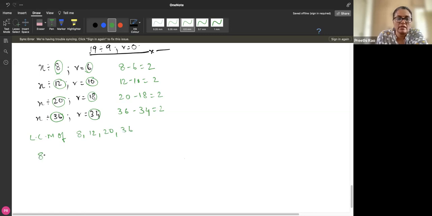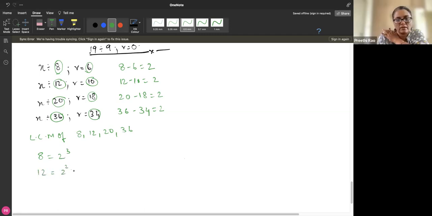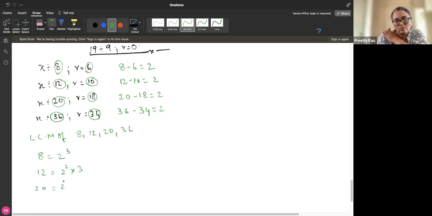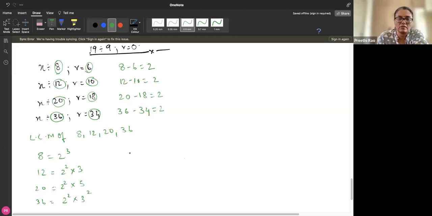Okay. What are the prime factors of 8? 2 power 3. 12 is 2 squared into 3. 20 is 2 squared into 5. 36 is 2 squared into 3 squared. So the LCM would be, we have to take all the factors 2, 3, and 5, but we have to take the highest exponent.